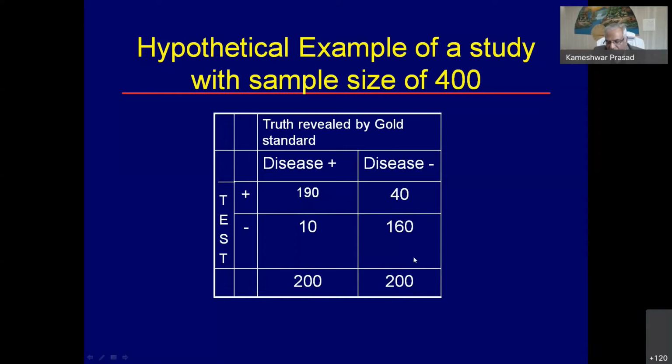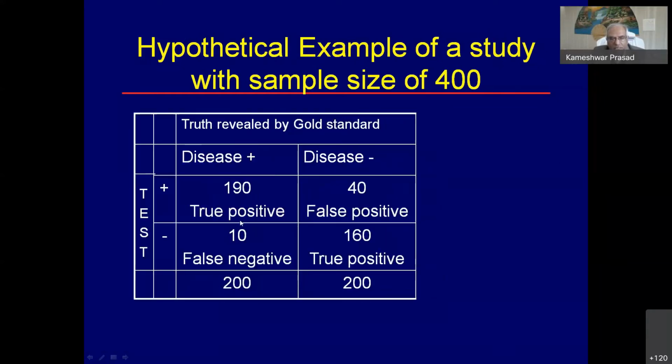So as you can imagine, these 190 is true positive, 40 is false positive. Positive but disease absent, false positive. 10 are false negative because disease is present but test turned out to be negative, and 160 are true negative. So these are the various kinds of results, right?